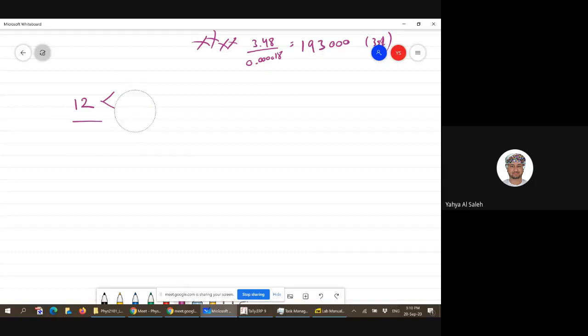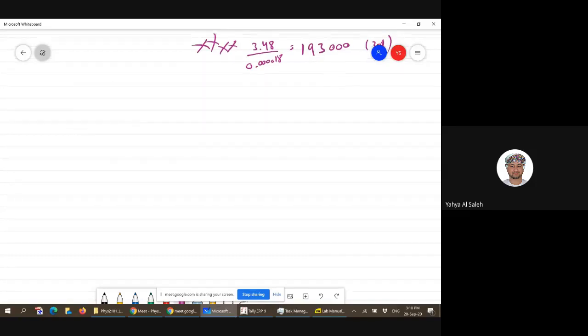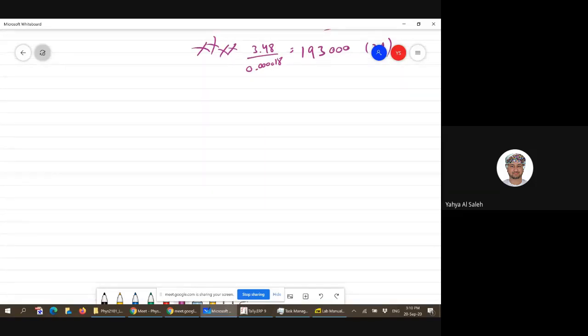Let me delete this. Say I want the number 3,500. Now I don't know, is it 3,500 to two significant figures or 3 or 4? So to one significant figure, to two significant figures, I will do this.